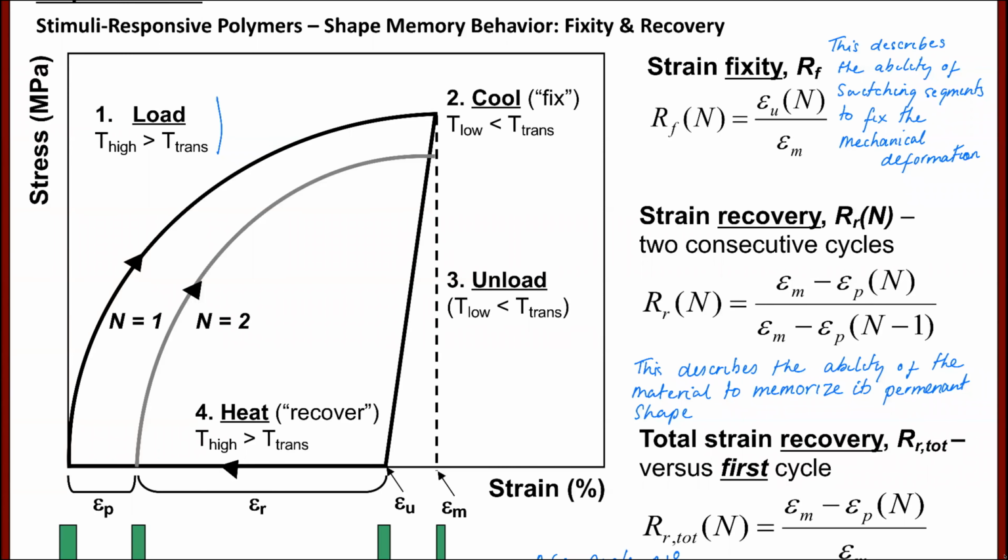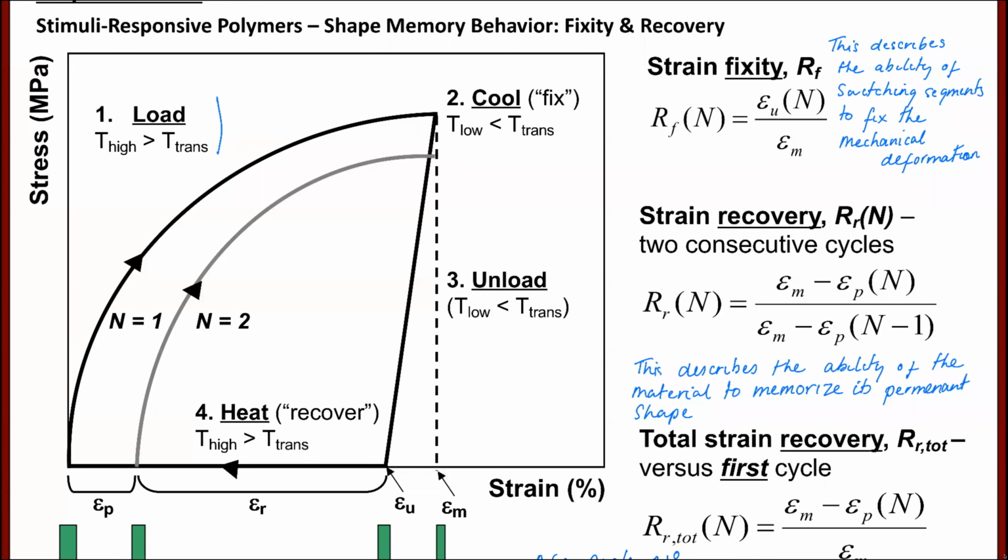So at phase 3, we're unloading it, and then you can see that EM on there, or epsilon M, would be where the strain percentage holds when it is holding its deformation. But actually what you're probably going to get is something similar to EU, where it's going to slightly contract a little bit after you start to remove that stress on the polymer.